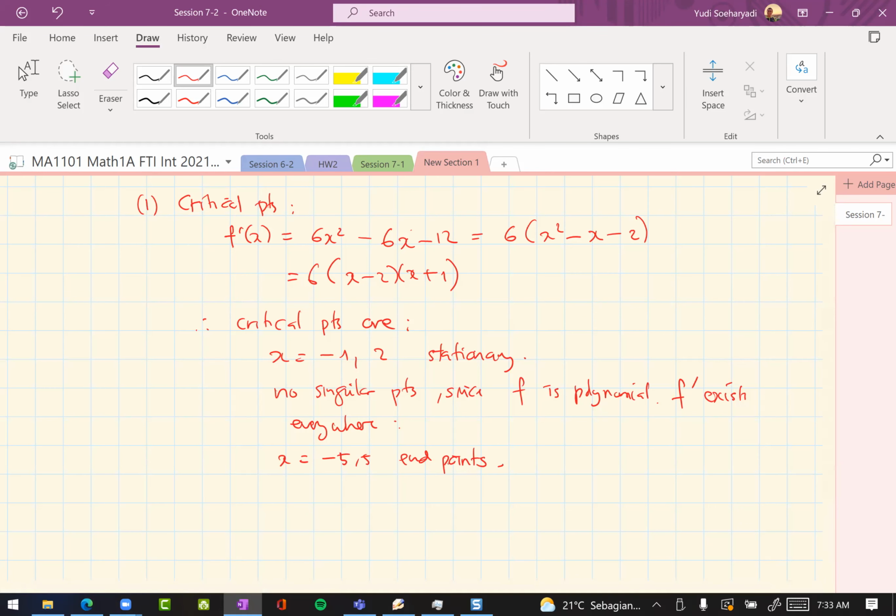The function must be continuous, so you have to be able to connect this increasing and then decreasing. When you connect, you get something like this, because this is stationary.